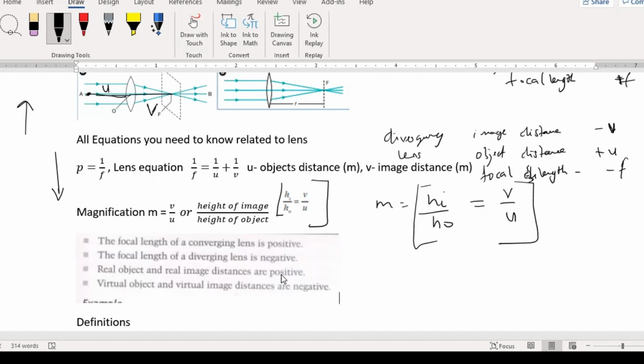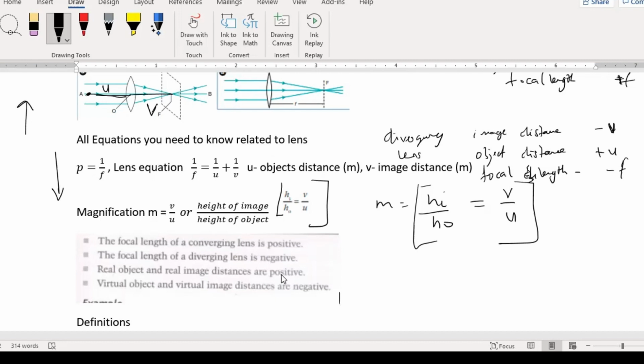All right. So this part is quite important when it comes to the virtual image, because as you know, depending on the position of the object, you will sometimes get a virtual image. So for that virtual image, the image distance would be negative. But I must say that you can get a virtual image with a converging and a diverging lens.